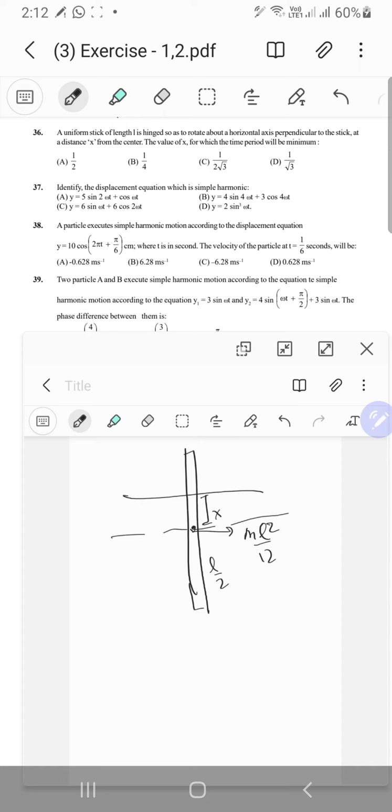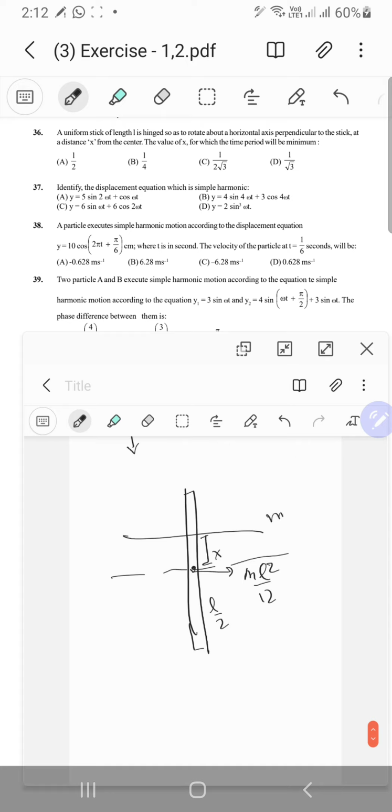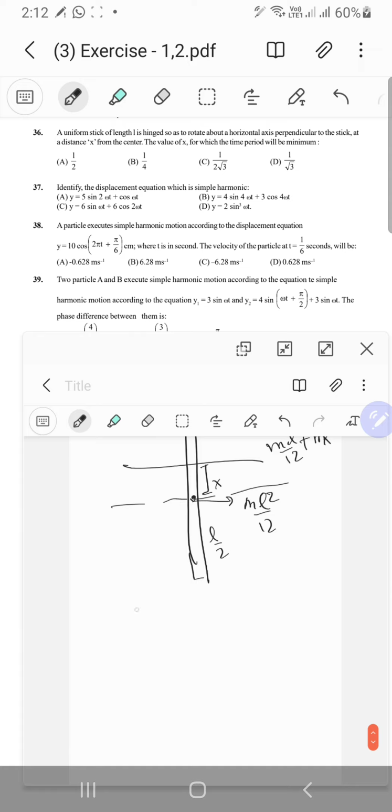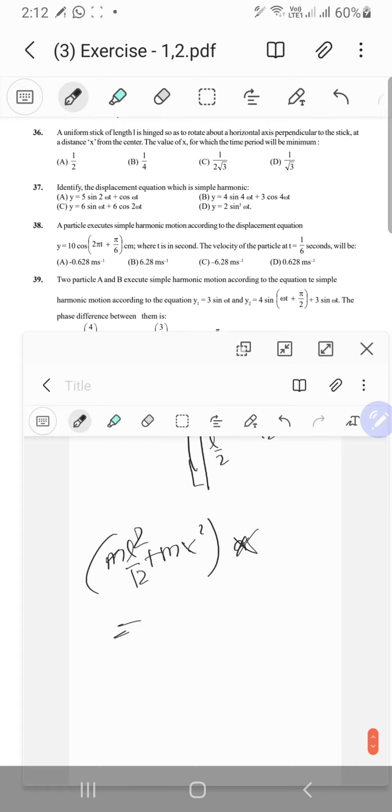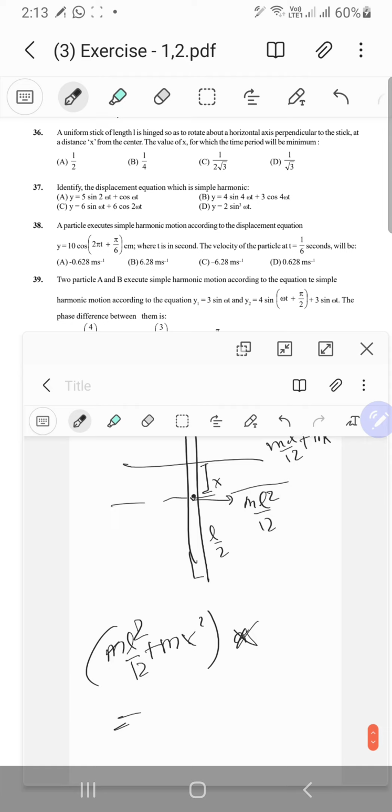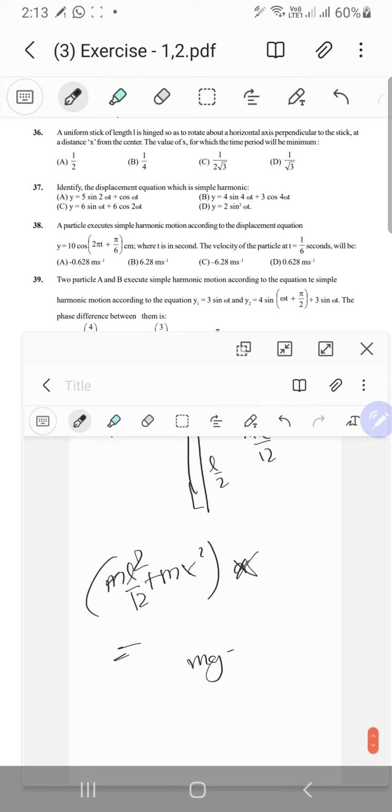Now if we apply the parallel axis theorem, it will be ml squared by 12 plus mx squared. So we can say this inertia, ml squared by 12 plus mx squared, times angular acceleration should be the torque. So torque is the force, mg sine theta on the center, which is x away from the axis of rotation.